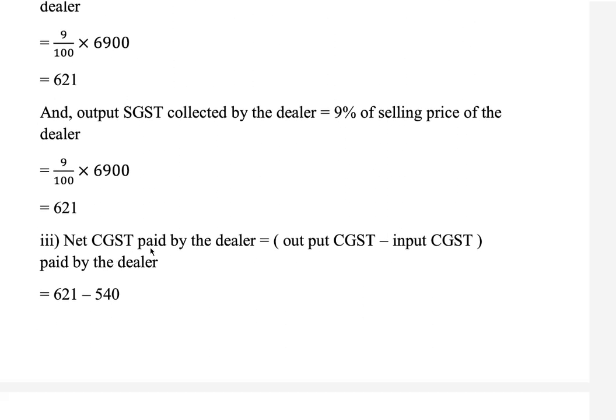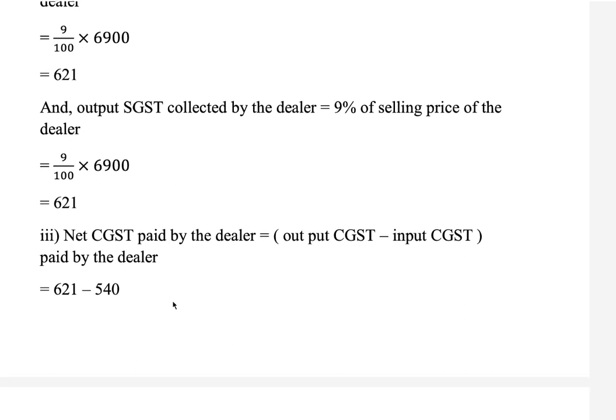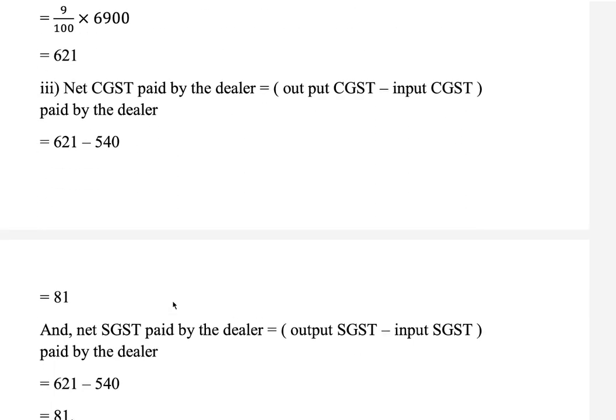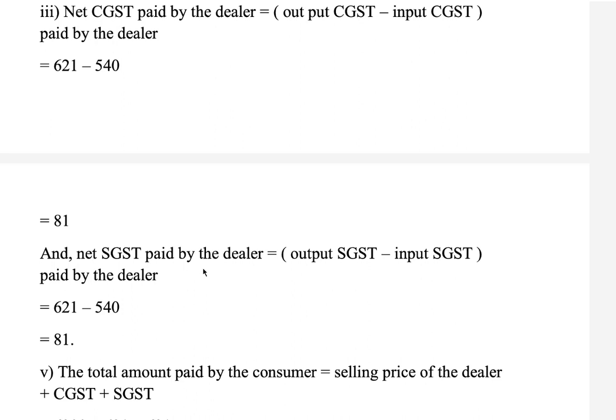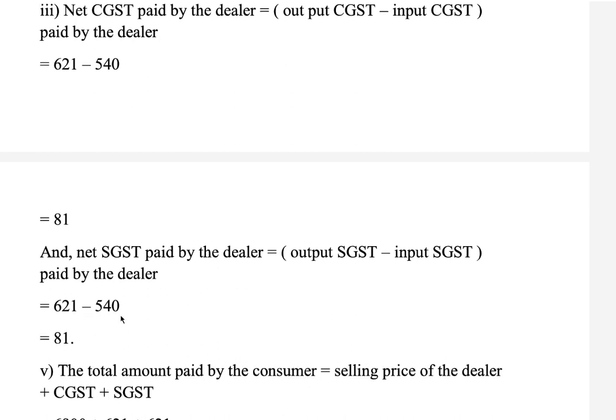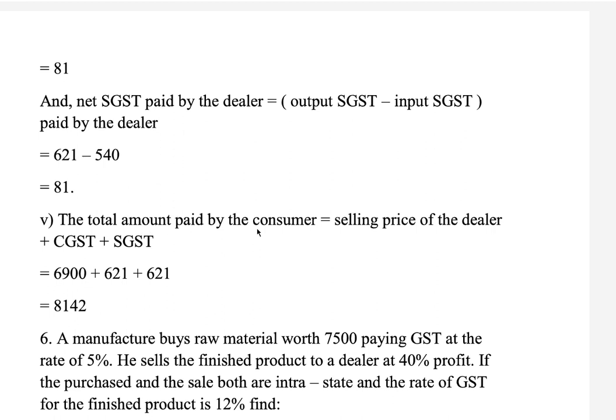And net CGST paid by the dealer, that is output CGST minus input CGST, that is 621 minus 540, that is 81. Okay, and net SGST paid by the dealer, that is output SGST minus input SGST, that is 621 minus 540. And the total amount paid by the consumer, total selling price of the dealer plus CGST plus SGST, that is 6,900 plus 621 plus 621, that comes to 8142.